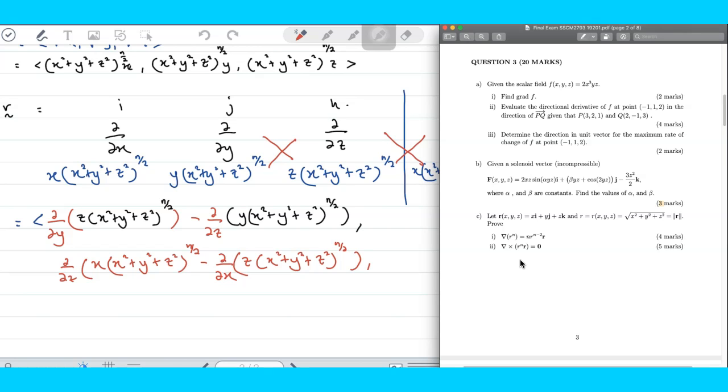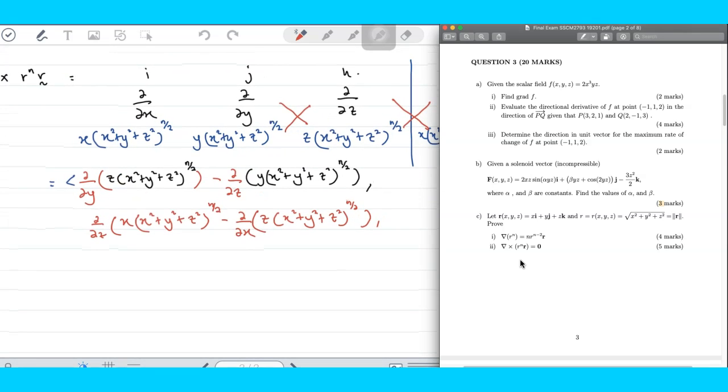And then for component k, you have to cross this.